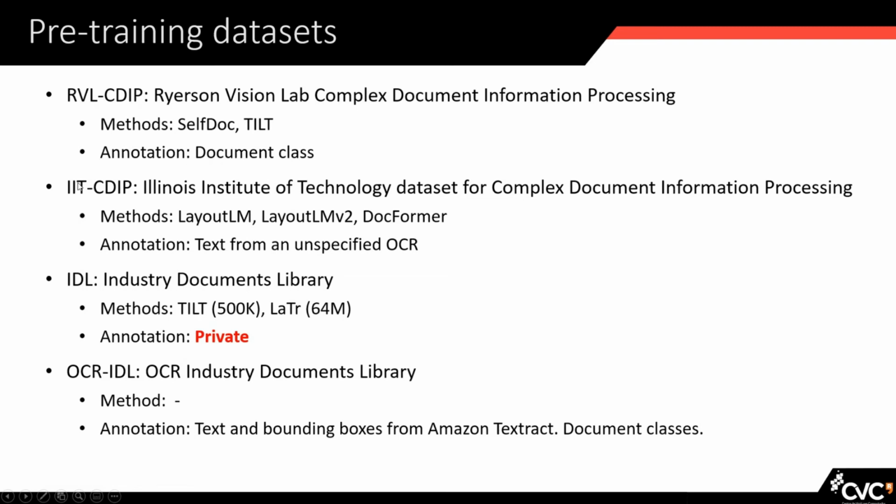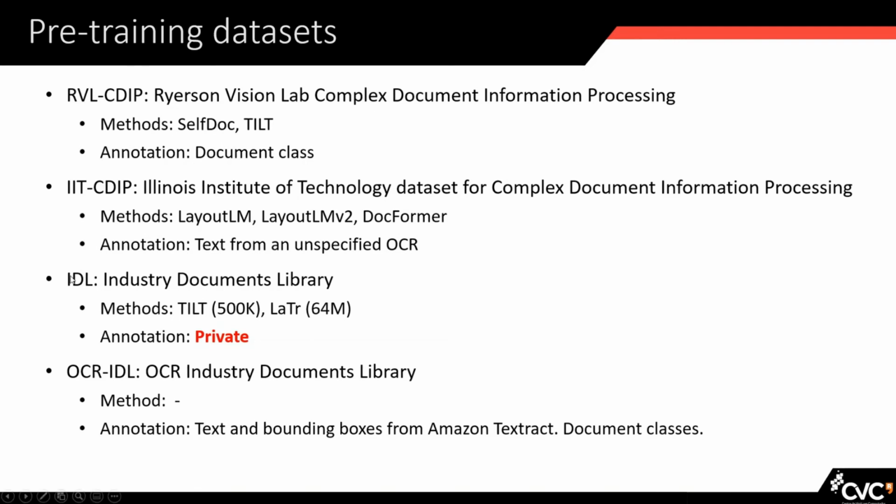Also, there is the IIT-CDIP dataset, which LayoutLMv2 and the former methods were pre-training on. This has the text annotated from an unspecified OCR, so there is no layout information, and the transcriptions of the OCR are quite poor, honestly.